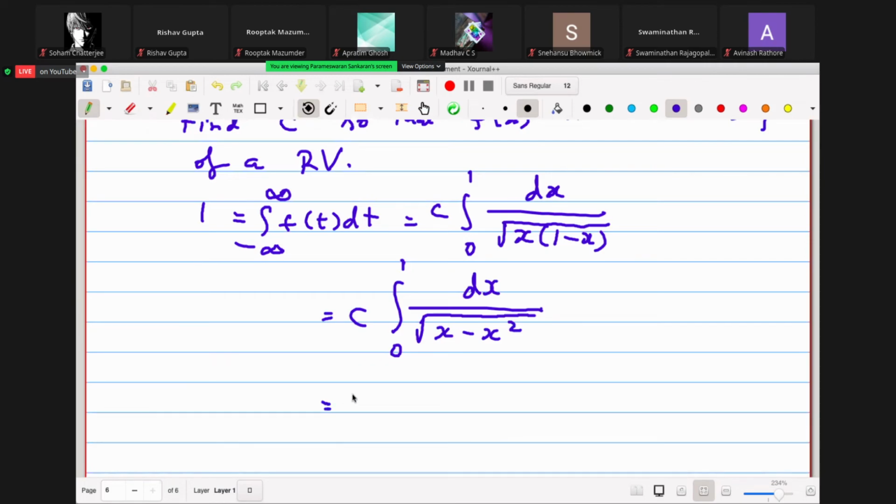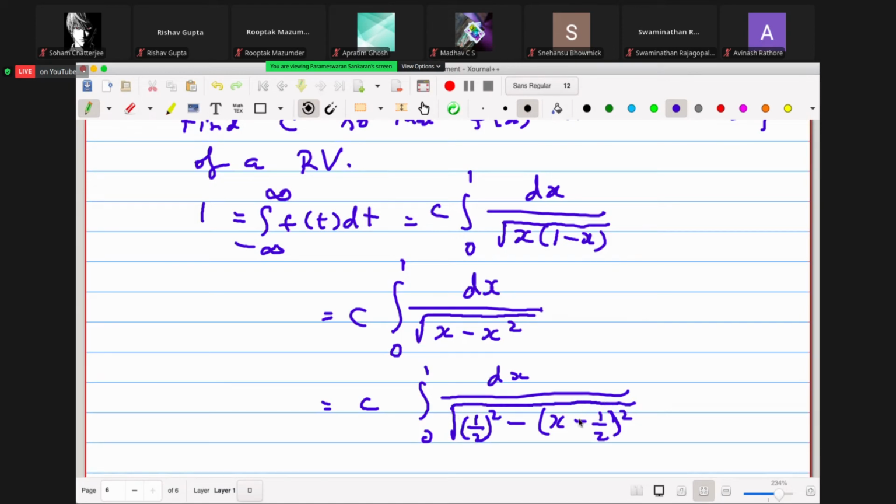I will not do this completely, but you are good at remembering the formulae. If I add and subtract 1/4, then 1/4 plus x minus x square becomes x minus 1/2 whole square. I had subtracted 1/4, so I must add 1/4, which I write as (1/2) square.